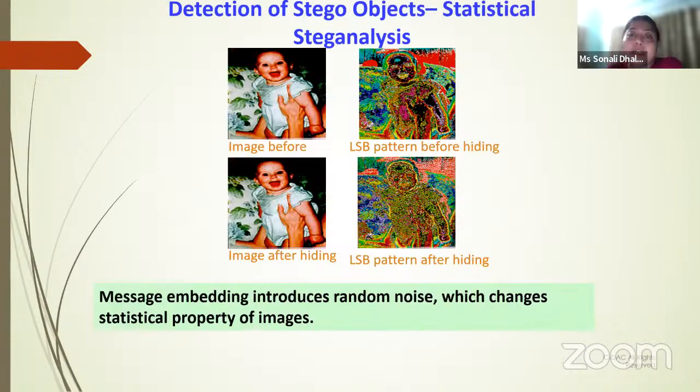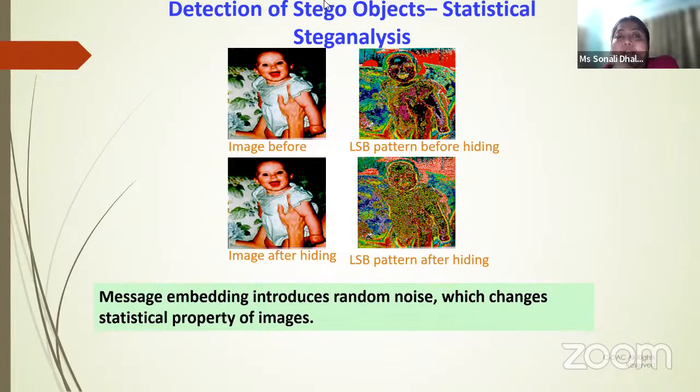As I told, the LSB is the most random in any image. The first one is the cover image, and the second image is the image after hiding. For steganography, the randomness of the image increases due to adding the hidden message.